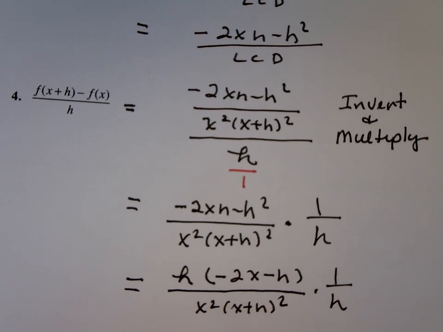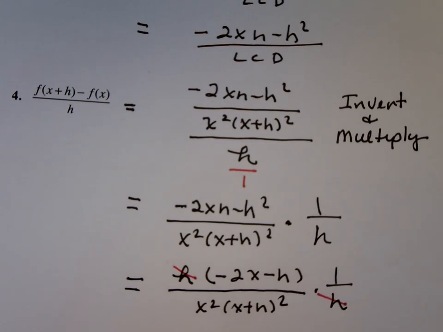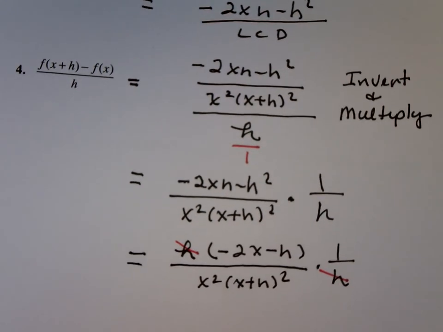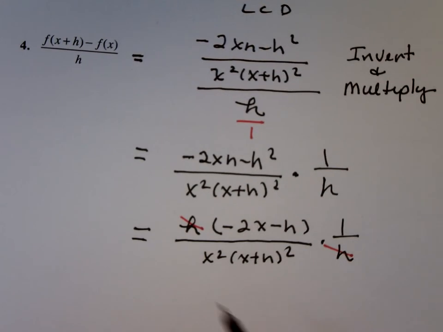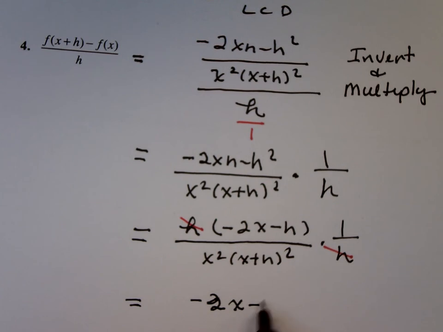So what happens to the h's? They reduce out. So what you're left with is minus 2x minus h over x squared times x plus h squared.